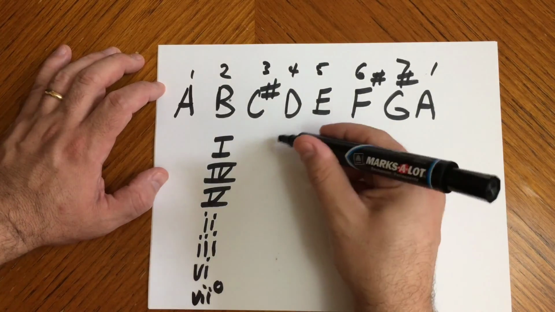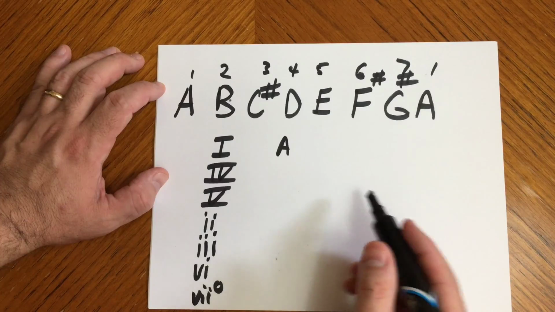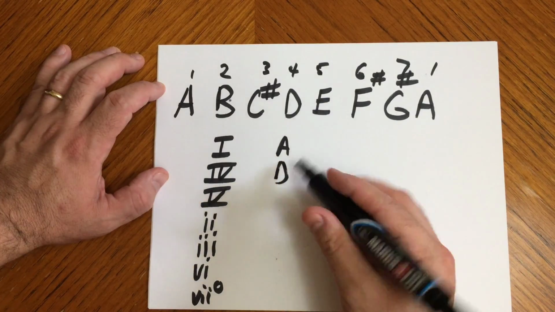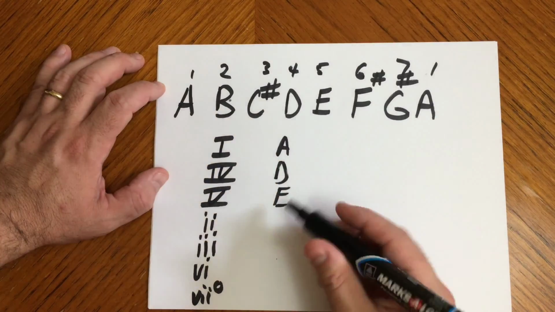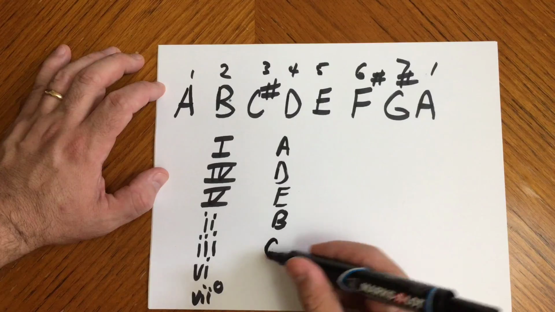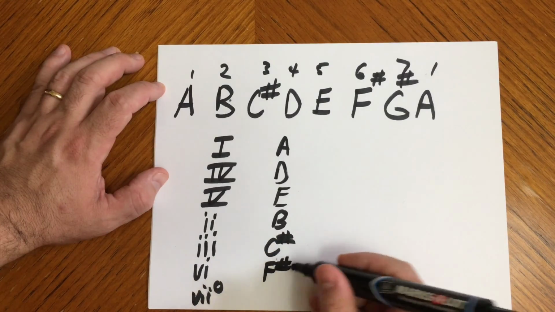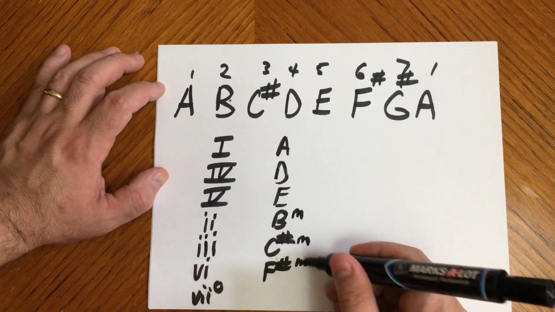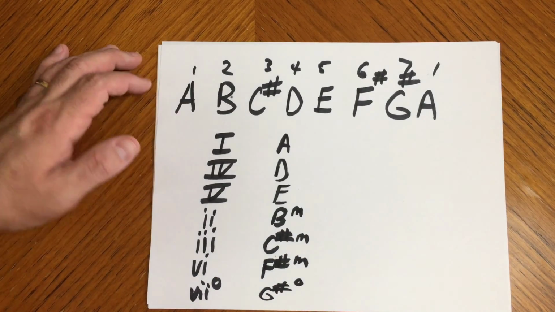And then we can say, the key of A has a D major chord and it has an E major chord. The minor chords are going to be 2, 3, and 6, which are B, C sharp, and F sharp. These are all minor. And then the G sharp, which is the 7, is going to be diminished.